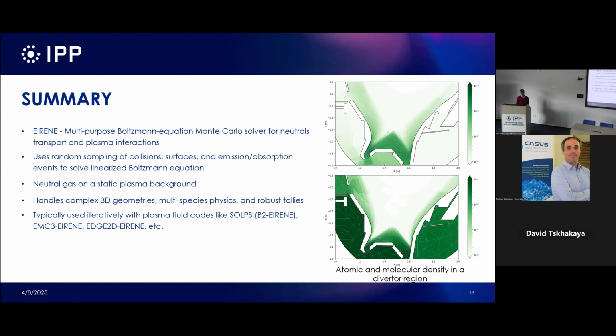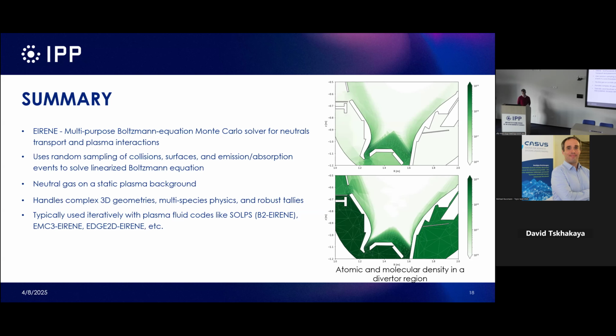IMAS is an ITER database, but it's quite poor for cross sections. So as I was mentioning during my presentation, the data providers, because of historical reasons, are mainly concentrating on the rate coefficient.